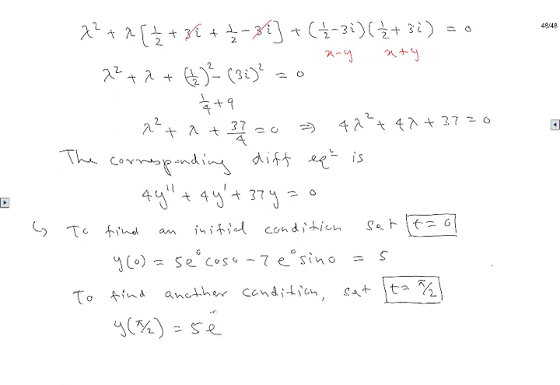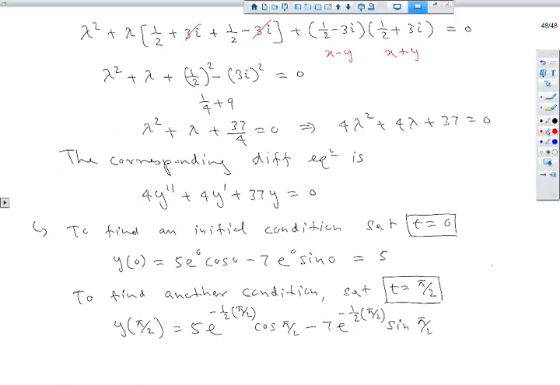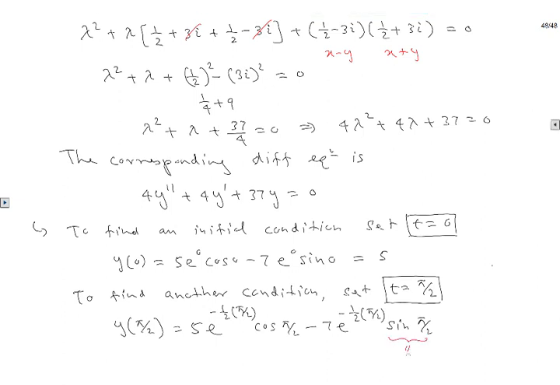So if you do that, y of pi over 2 equals 5 e to the negative 1/2 times pi over 2 cosine pi over 2, minus 7 e to the negative 1/2 times pi over 2 sine pi over 2. You can see that cosine is equal to 0 and sine is equal to 1. So the first term goes away, and you end up getting negative 7 e to the negative pi over 4.